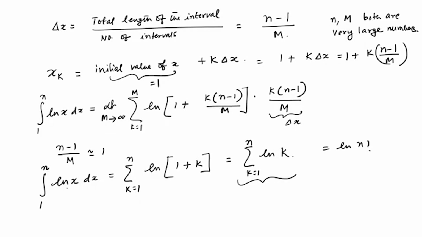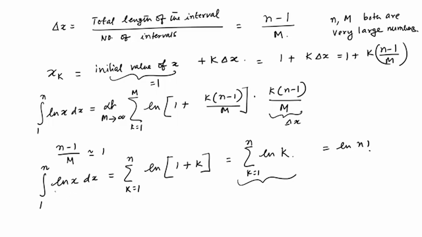So, that is nothing but equal to the integral of log x, or natural log of x, dx. Okay, sometimes I will just keep saying log, but it actually means natural log, and most of the time in statistical mechanics we come across natural log rather than the log base 10, that is, base e.